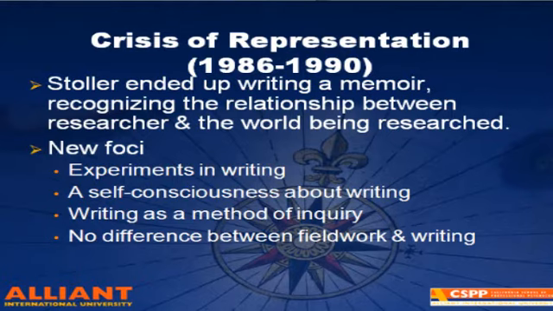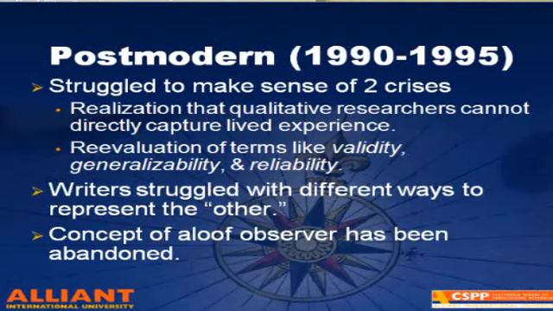So, on the postmodern, the struggle to make sense of two crises: the realization that qualitative research cannot directly capture lived experience. If we're not looking at objective reality, how can we represent the quote-unquote other when we don't want to other them?